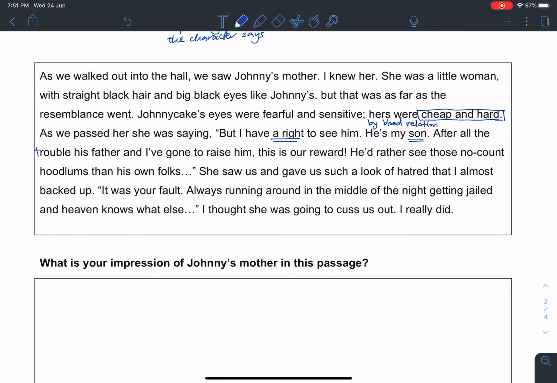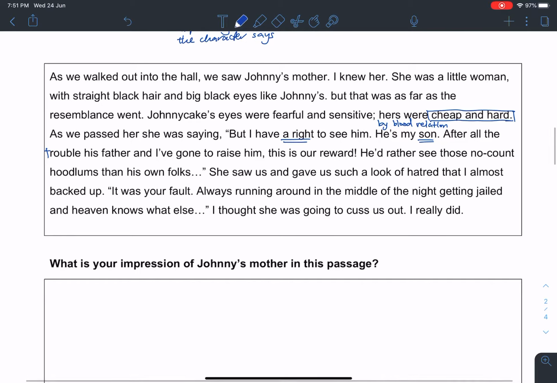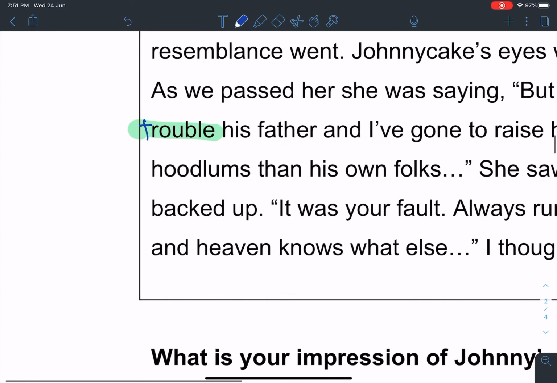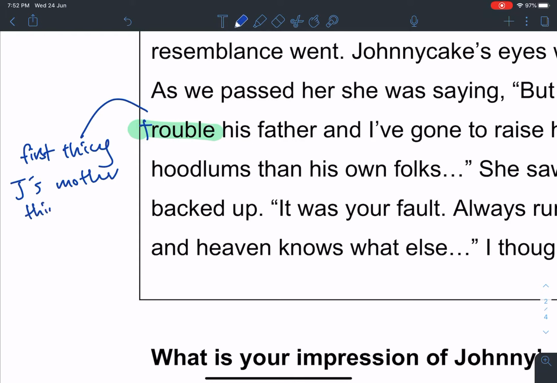"After all the trouble his father and I have gone to raise him." So if we think about it, all the trouble, this is the first thing Johnny's mother thinks of. What is she thinking of? She's thinking of how much she suffered.